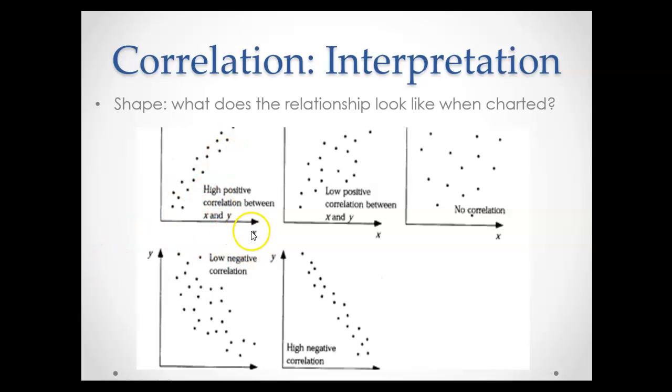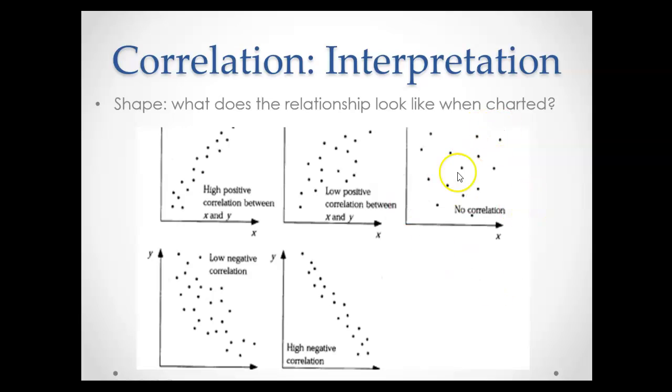So if we see on this x and y axis, as whatever value for x goes up, the value for y also goes up. And it's a pretty straight line. So that's a high positive correlation between x and y. Now, if we look at this information right here, it's a little bit more spread out, but still as x goes up, y also goes up. So that would be a less strong but still positive relationship between x and y.